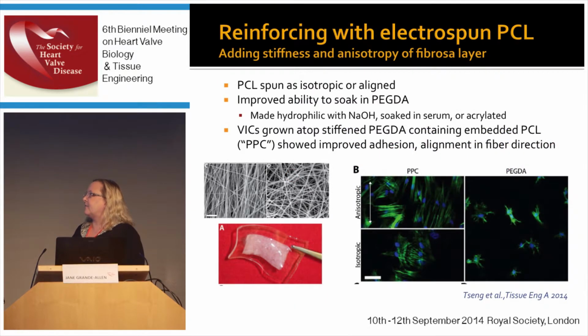And then the last thing that we've been trying to do with respect to scaffolds to try and improve their stiffness is to integrate an electrospun scaffold. And this is a technique that is fairly widely done in the tissue engineering community.